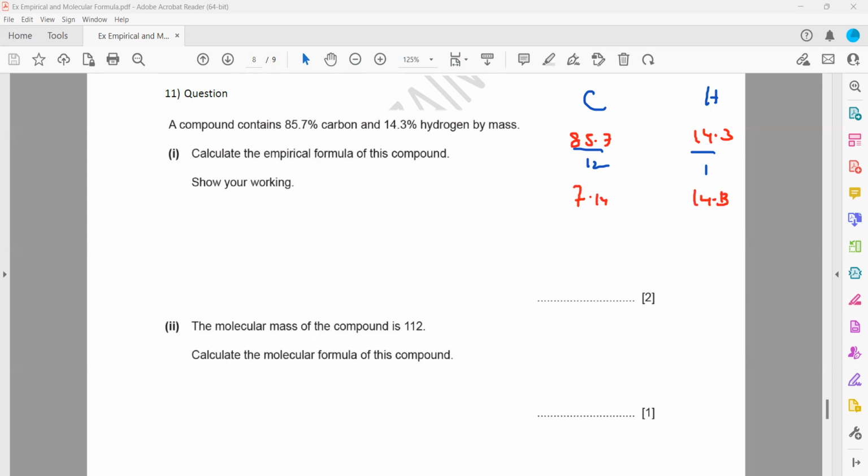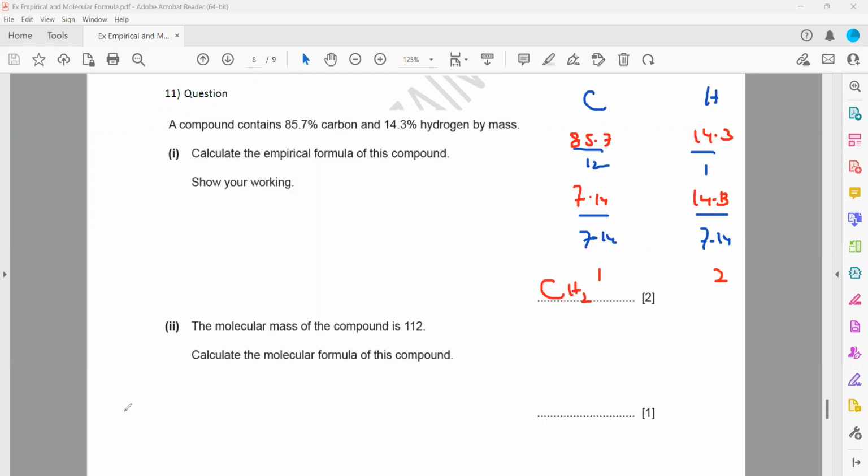Then we divide by the smallest value in the combination, which is 7.14. So the ratio, this will be 1 and this is about 2. So the empirical formula is CH2.